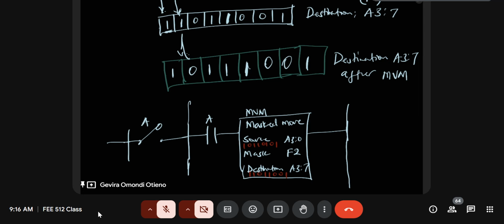I'll just give examples to illustrate some commands that may be included by certain manufacturers but are not necessarily universal. You're only supposed to know them when you're using the PLC from that manufacturer. The ones we are discussing here are universal commands understood across all manufacturers.